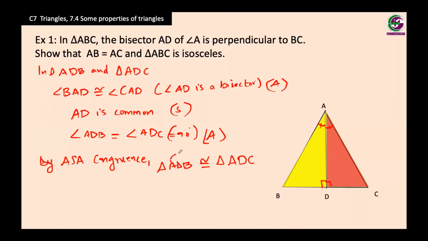AB is the first and the last letter. AC is also first and last letter. So AB is equal to AC because corresponding parts of congruent triangles are equal. So if two sides of a triangle are equal, then we say that the triangle ABC is isosceles.